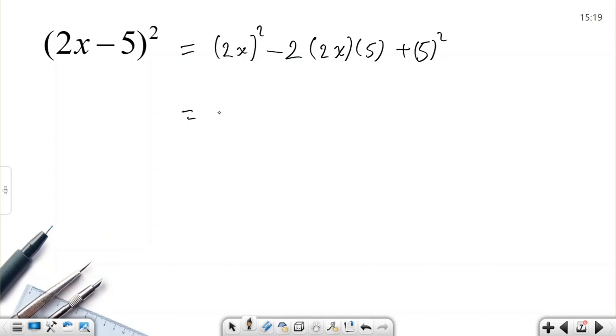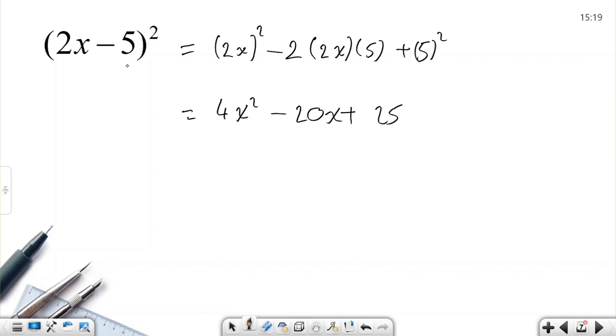That's equal to 2x squared, which is 2 times 2, 4, times x squared, 4x squared. Minus 2 times 2, 4, multiplied by 5, 20, and there's an x, so 20x. Plus 5 squared is 25.